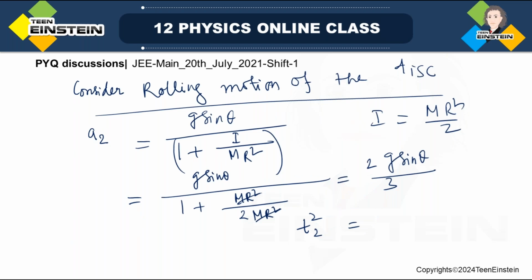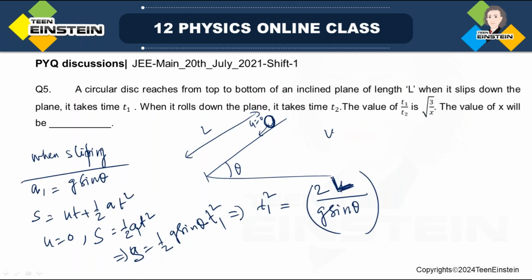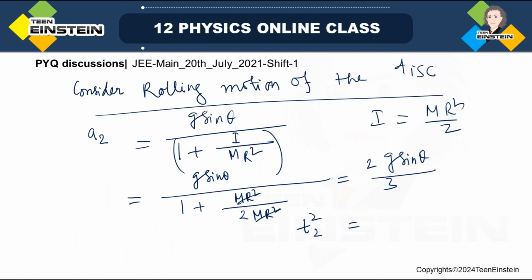So here t2 square is equal to 2S by a2, so 2L by a2.